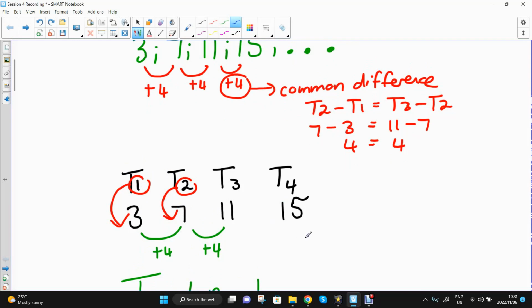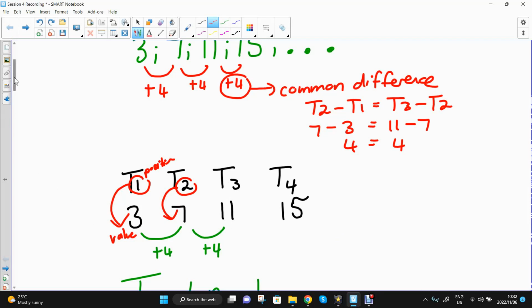So the formula links the pattern's position to the pattern's value. We call this the pattern's position, and we call that the pattern's value. And the formula helps you to get to the value of the pattern if you have the position.